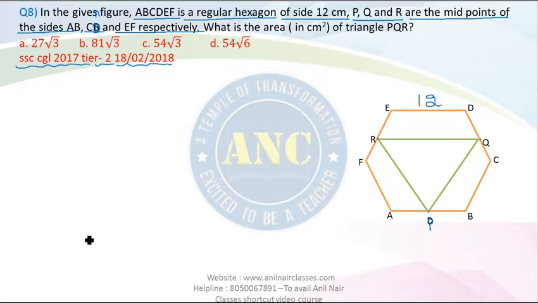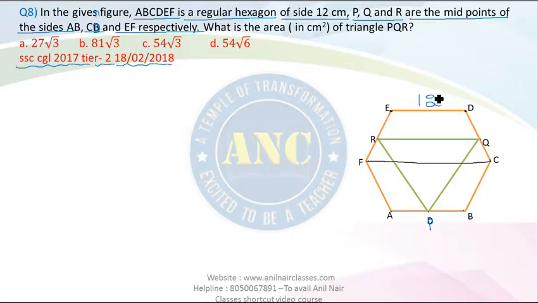Now see here, what I will do is simple language. This is my regular hexagon and we have already discussed that if I join E and B, if I join D and A, then I will be getting 6 equilateral triangles, and the area of all the 6 equilateral triangles are equal.